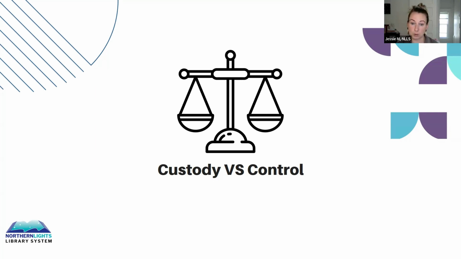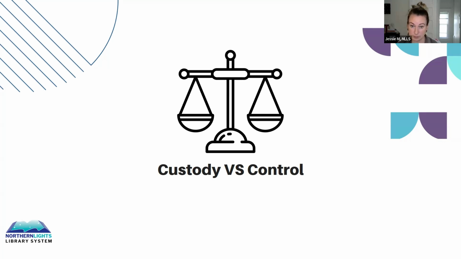And then there's control. Control refers to the authority or right of the public body to manage, use, or dispose of a record, even if the record is not in the public body's physical possession. So the implication there is that the public body can access and use the record and is responsible for ensuring it complies with the FOIP Act, even if the record is held by a third party.